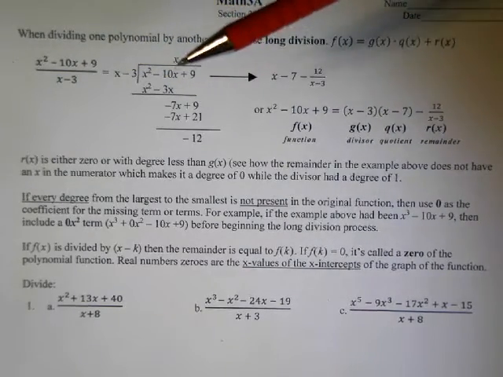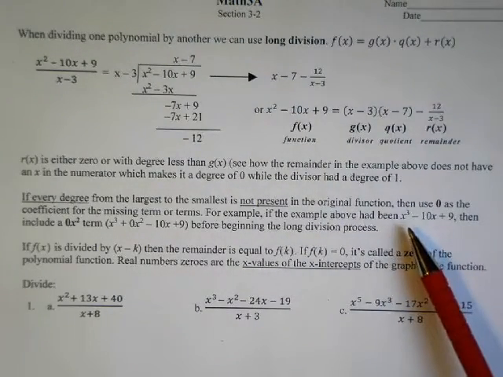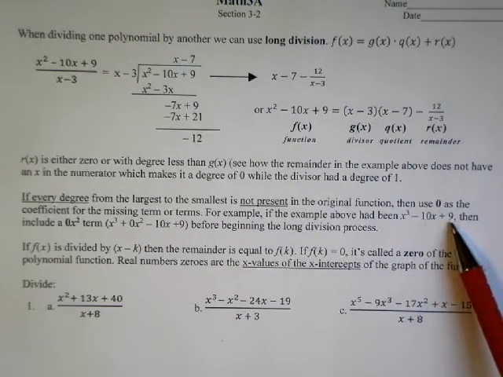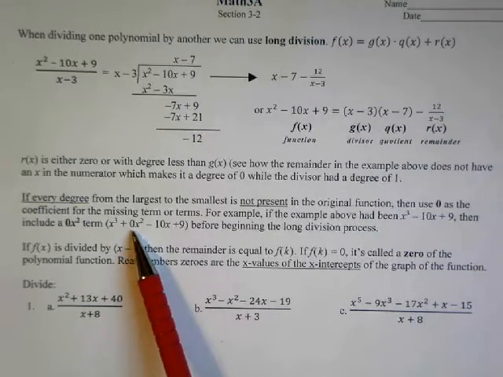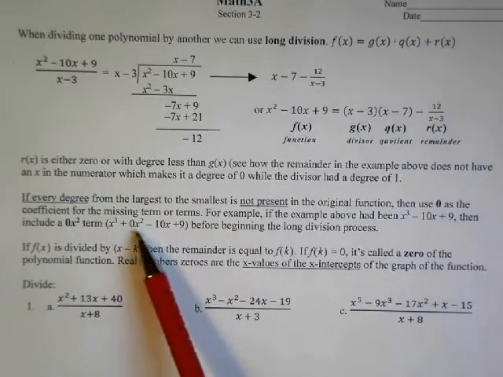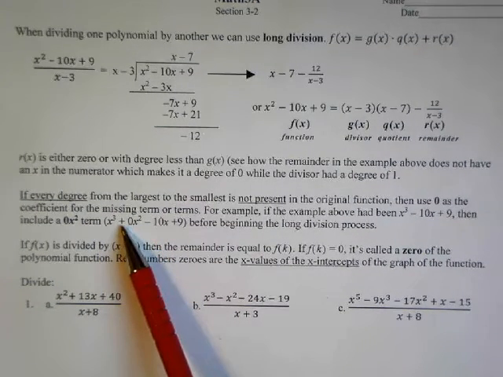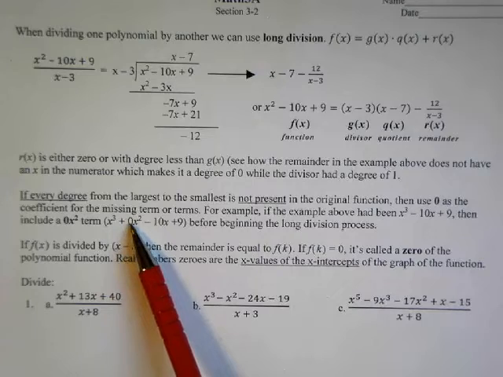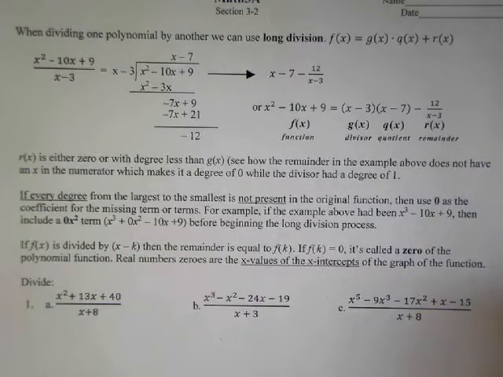But if something was missing, like for instance, let's suppose we had x cubed minus 10x plus 9, so there's no x squared term, I would need to put in an x squared term with a 0 in front because there isn't one, so 0 times that would nullify it. It does not really matter whether you call it plus or minus because of course it's 0, but I basically need to fill in all the particular missing terms that might be true.